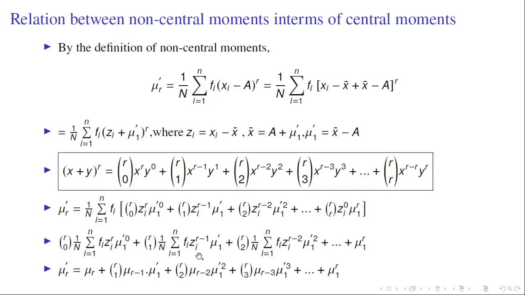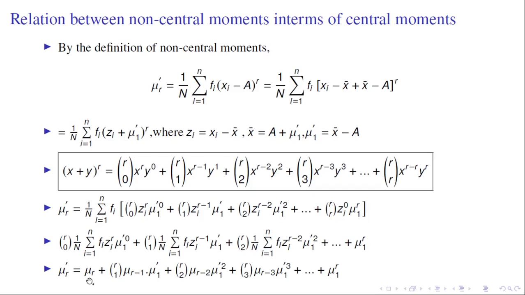Instead of this we can use μ(r−1), which is nothing but the (r−1)th central moment. Σ fi zi^r / n is nothing but the rth central moment, where zi = xi − x̄.